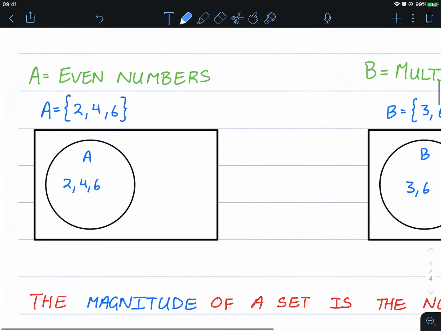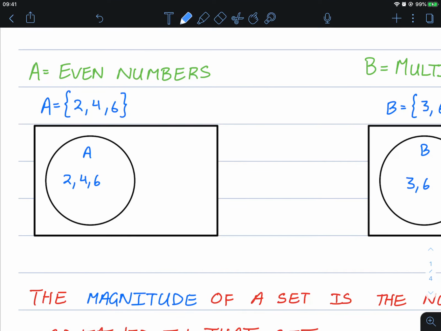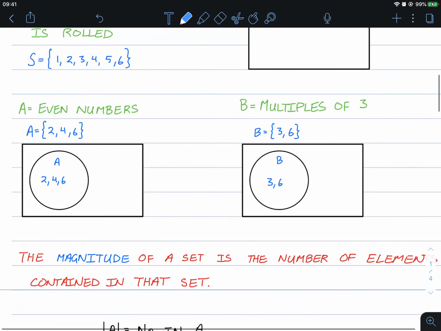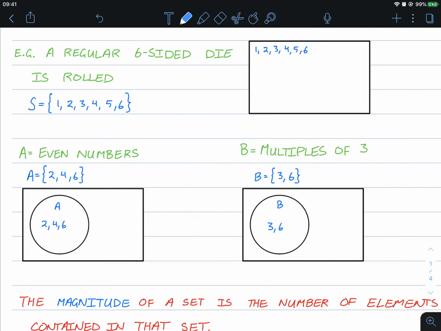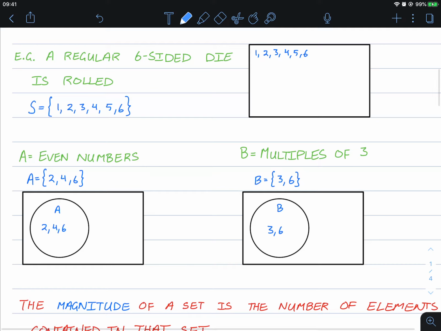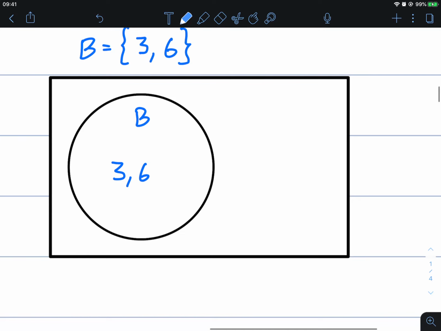So this is us listing the numbers individually within the Venn diagram. But in future, rather than list them individually, as I've shown you here, inside the Venn diagram, we're going to instead count just the number of elements in the Venn diagram and write that in the Venn diagram itself. So for example, this has 2 elements.